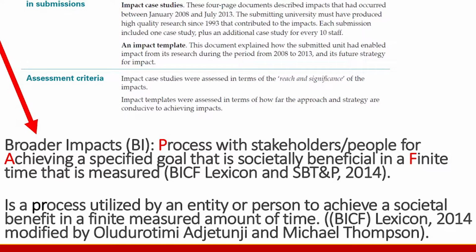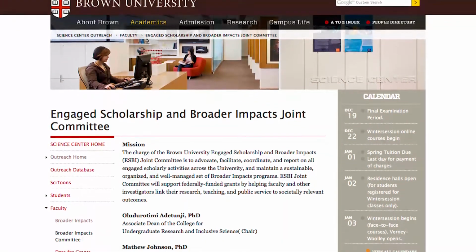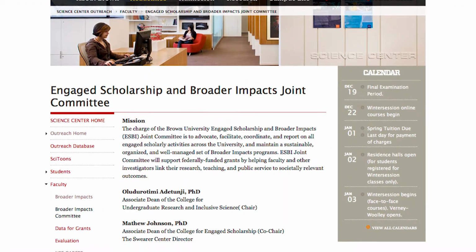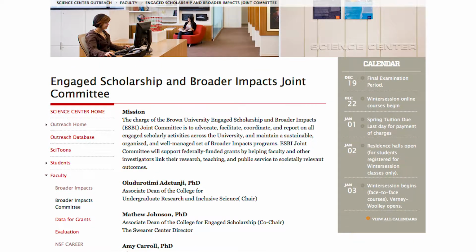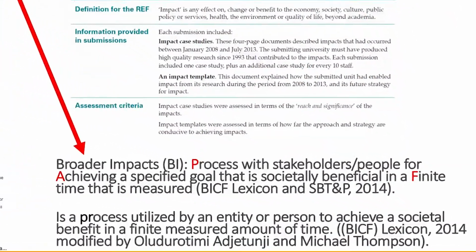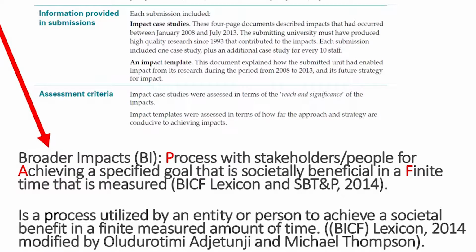Broader impacts is a process with stakeholders or people to achieve a specified goal that is societally beneficial in a finite time that's measured. Or we could use the one that Brown University uses, because there's quite a few other universities who are using global conceptual definitions, which is a process utilized by an entity or person to achieve a societal benefit in a finite measured amount of time, which is basically the same thing.